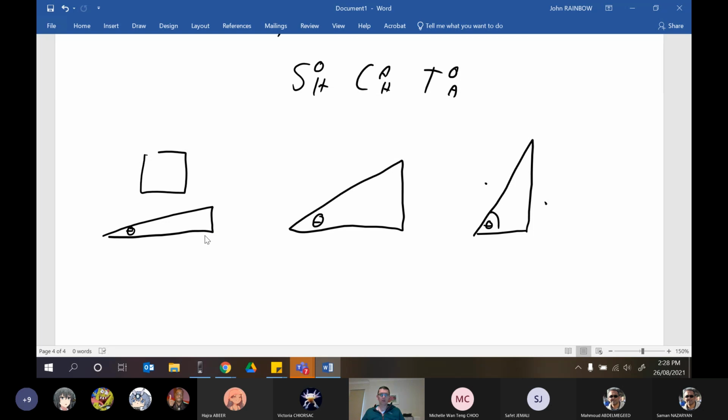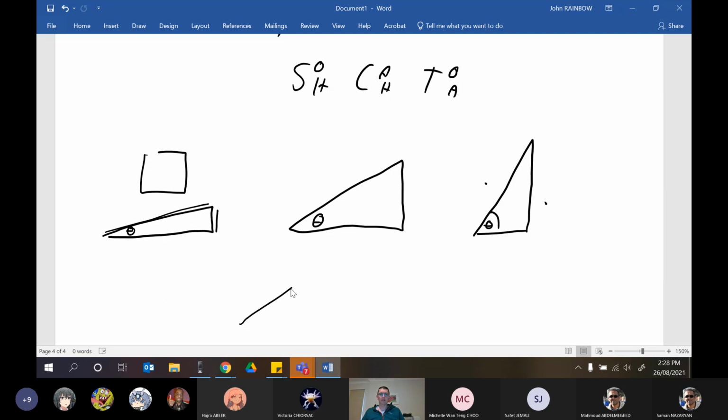Cos is going to be really large, so it will increase. So I actually see sine as that over that as a ratio of the two lengths for that given angle. Cos is the adjacent over the hypotenuse. And tan is the ratio between my opposite over my adjacent.